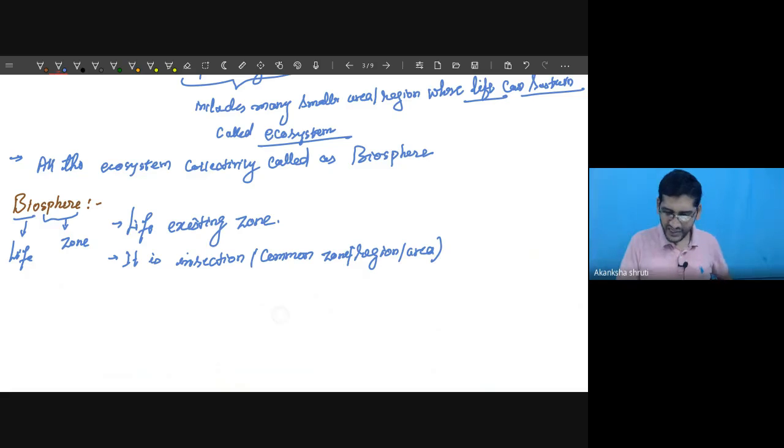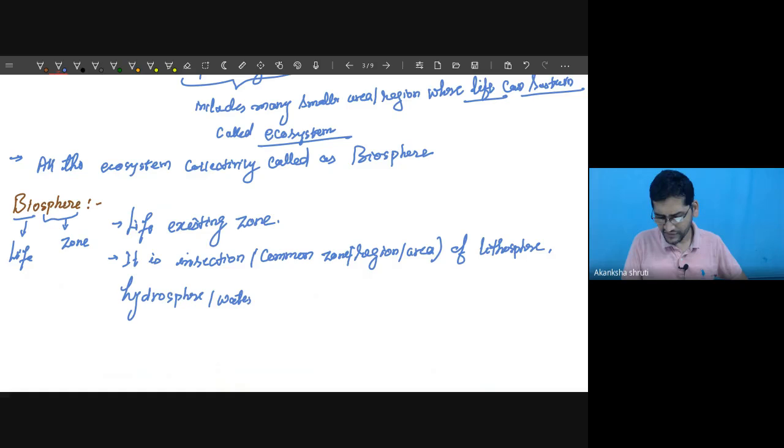So it is the intersection of which ones? All the three, students. Lithosphere, hydrosphere. Hydrosphere means water containing zone. So it is your water zone. Lithosphere means your rock or land zone.